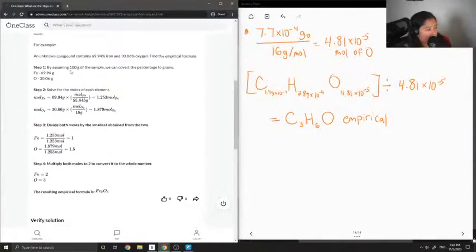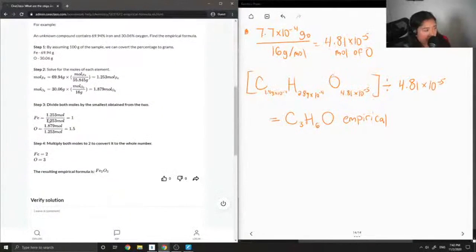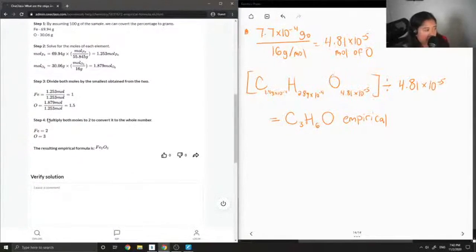They have an example of their own. They say an unknown compound contains 69.94% iron and 30.06% oxygen. Find the empirical formula. This is when you would convert by assuming 100 grams of the sample, so we can convert the percentage to grams. And then they found the number of moles of each element divided by the smallest value obtained.